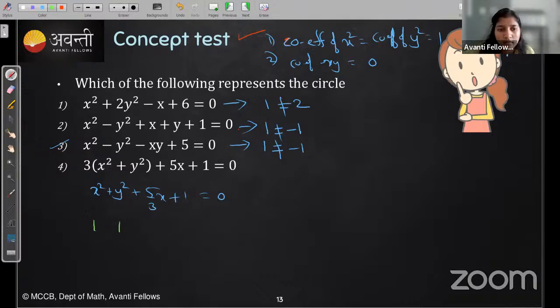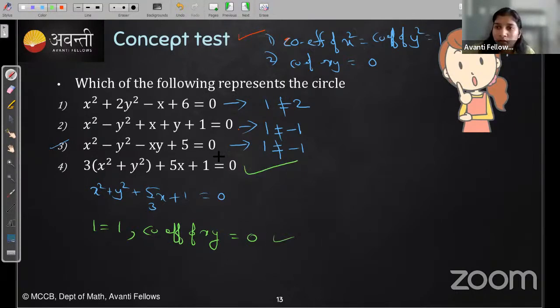It's 1, 1. Both are equal, right? And the coefficient of x into y is what? It's 0 here. Why? Because we don't have an xy term. There is no xy term, so of course its coefficient will be 0. Fine. So that's the reason the fourth option is correct.